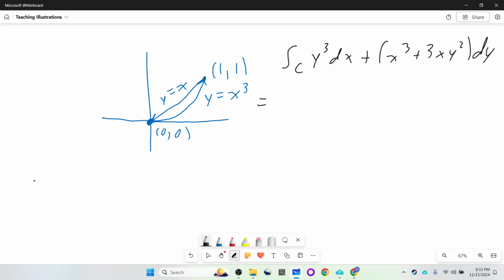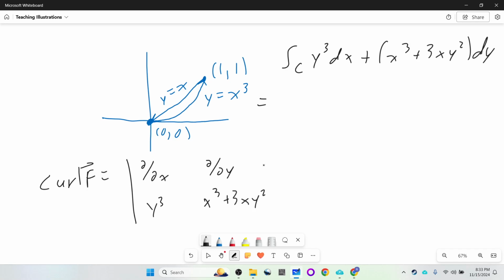So let's see. The curl of this would be del del x, del del y, of y cubed, x cubed plus 3xy squared. So this becomes 3x squared plus 3y squared minus 3y squared. So 3x squared.